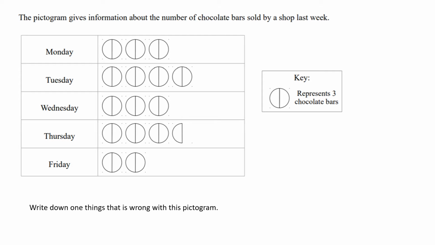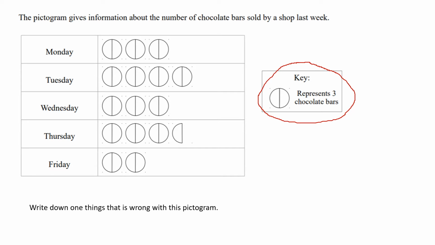So let's start off with an easy one. We've got a pictogram, and the pictogram gives us information about the number of chocolate bars sold by a shop last week. Now, the issue that we have here is the key. When we have a pictogram, we always have to have a key to tell us what one picture is equal to.